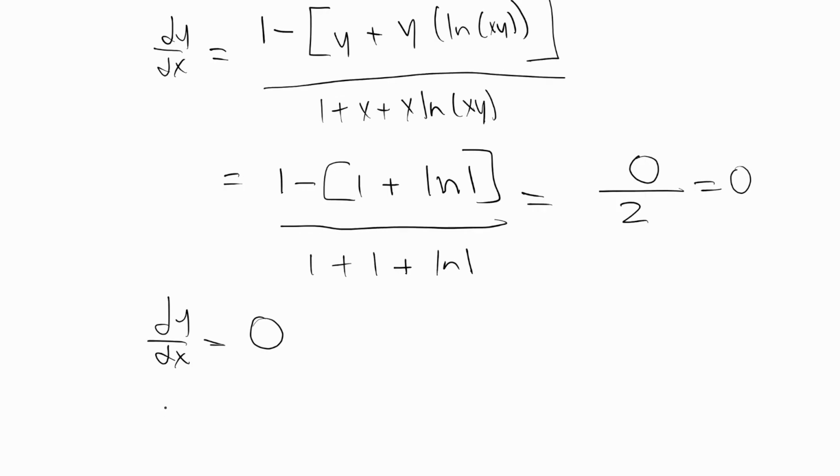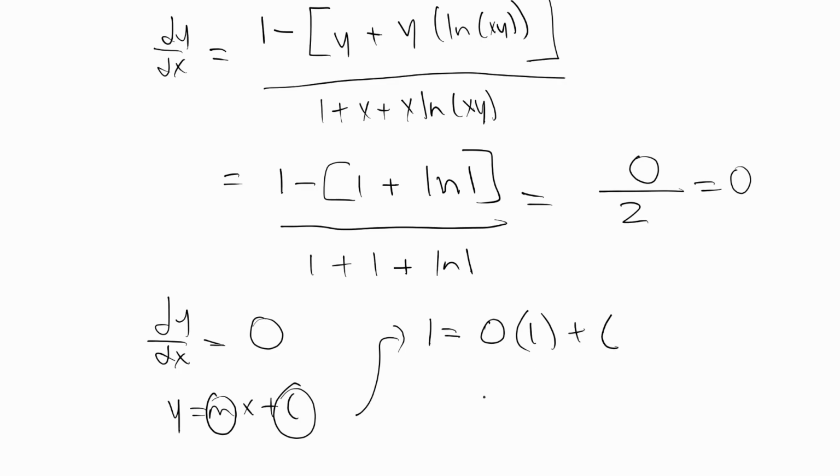Now in y is equal to mx plus c, we know what m is equal to, but we need to find out what c is equal to. So let's just substitute all the values. We know everything. We know 1 is equal to 0 times 1 plus c, so c is equal to 1.